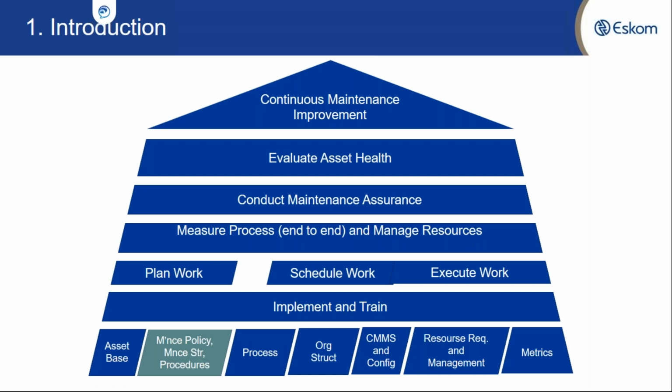Above that, we measure the process end to end to see that it's working. And above that, there is the maintenance assurance, which assists us in doing continuous improvement, and that we do across all of the activities involved within maintenance management. Then there is an element of evaluating asset health indices. And right on top, that is where we are doing our continuous improvement.